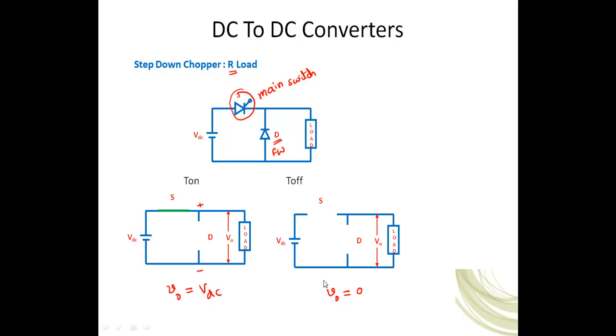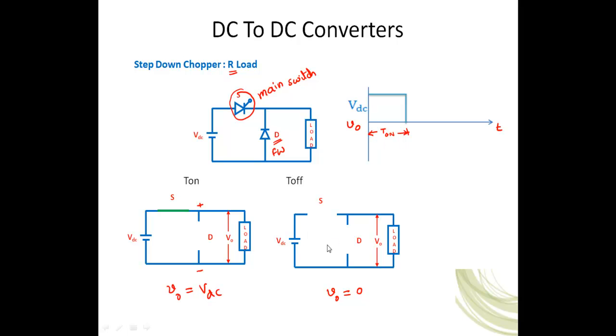So capital V is the average; instantaneous values will be small letters. In this case, if you take this waveform, you can see how the output voltage waveform will look. This is the plot we are taking: this is the time t and this is V0, for a resistive load. As I told you, during the T on duration you get an output voltage the same as the source voltage. This is the on duration of the chopper, T on.